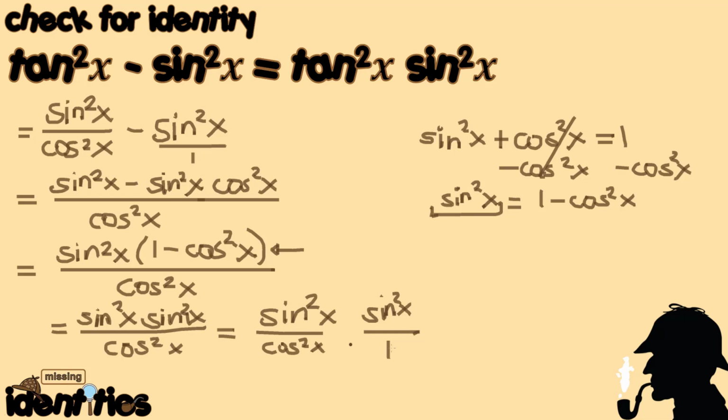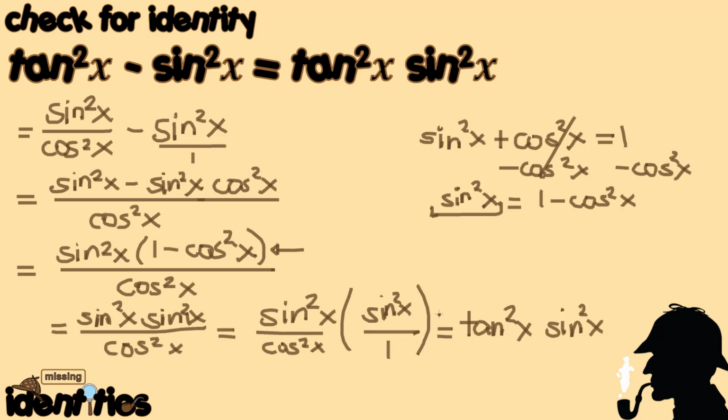You're just separating them to come up with two different expressions, because if you pair it with this, you will have sine squared x all over 1. Now what is sine squared x over cosine squared x? That's your tangent squared x, and of course sine squared x over 1 is simply sine squared x.